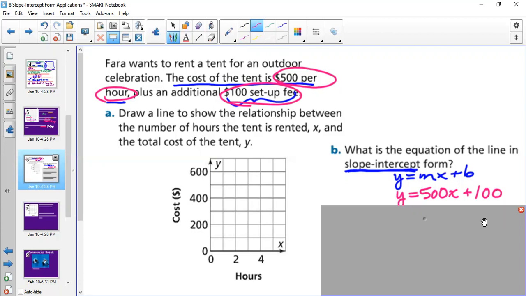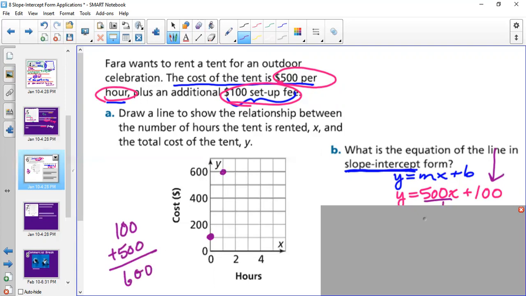Okay, so now that I have my equation, I can graph this. Because it's my starting amount, I'm going to start my graph at 100. And then I'm going to use my slope, which was 500, up 500 over 1. So if I start at 100, I don't go up to 500. I have to add 500 to that, which would put me at 600. And I have to go right 1.